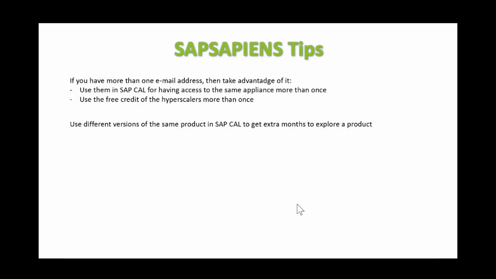You can start using, for instance, SAP S/4HANA fully activated appliance 1709 and then move to the 1809, 1909 and 2020. Schedule the suspension and the termination of an instance in SAP CAL to avoid extra cost.